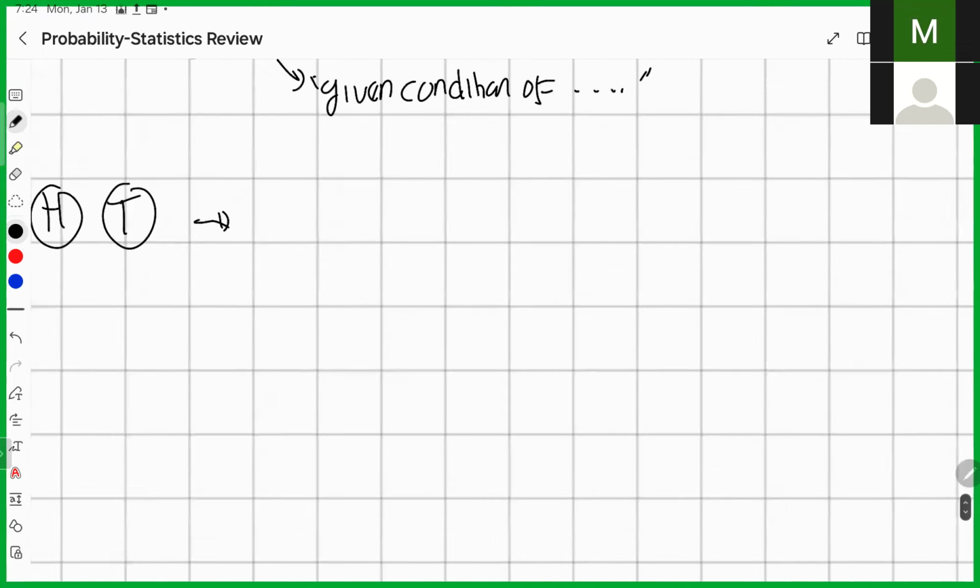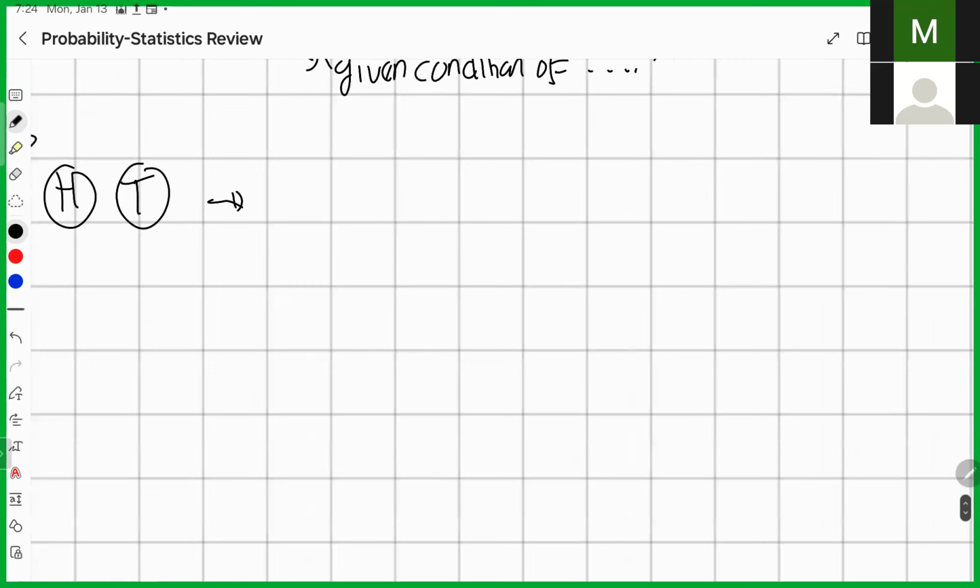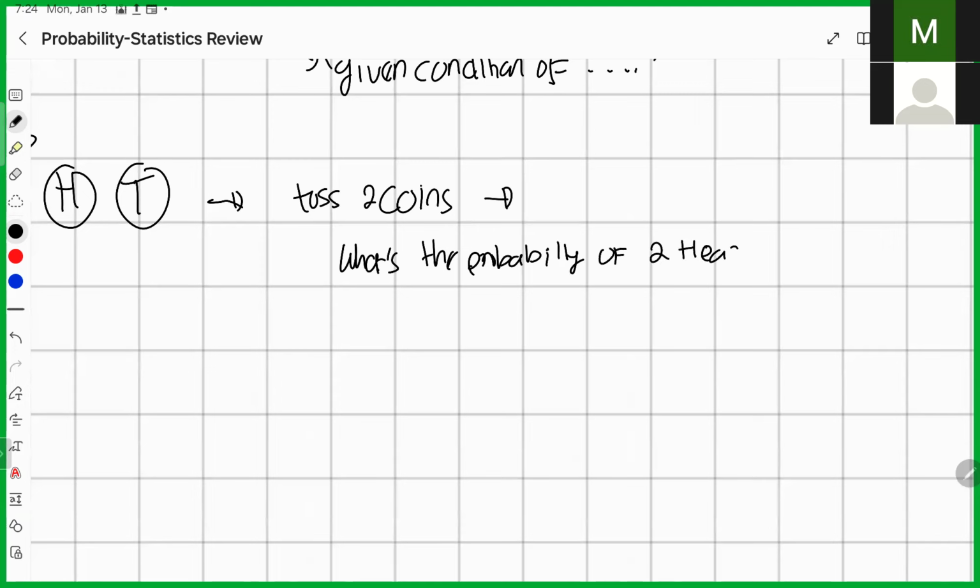Let's say you toss 2 coins, and you want to know what is the probability of 2 heads appearing, given the first coin is head.